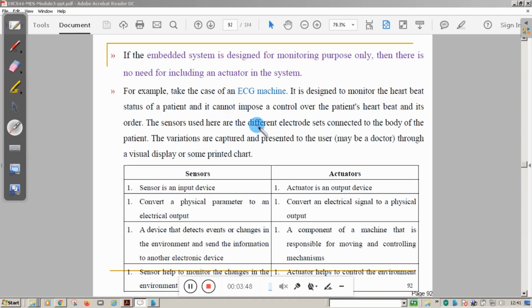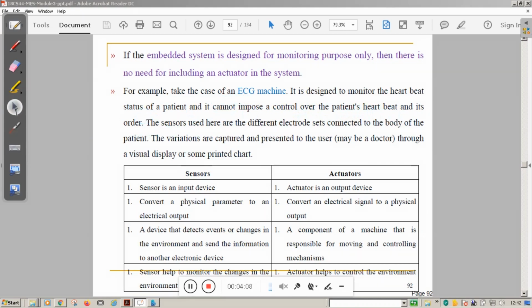So it cannot impose control over the patient's heartbeat and its order. So this is the example for the embedded system which is used only for monitoring purpose.